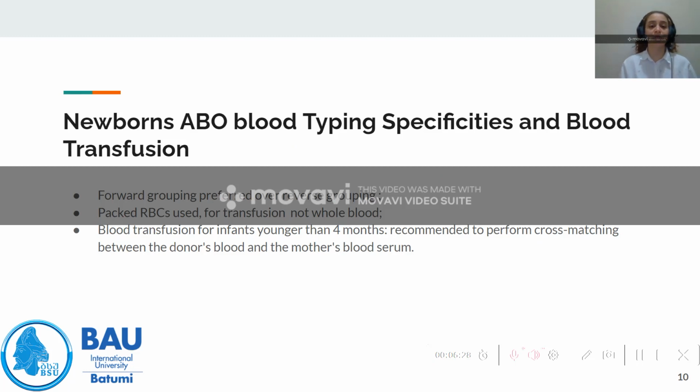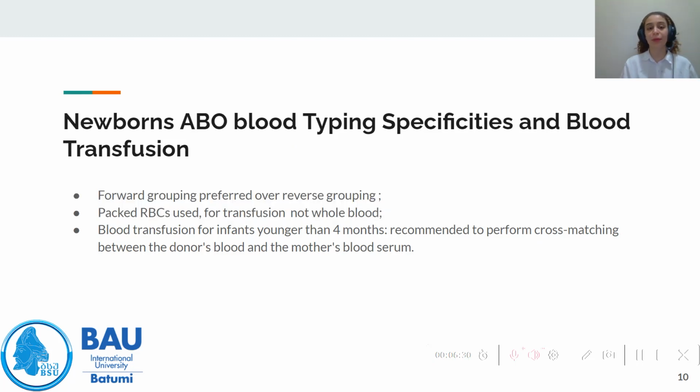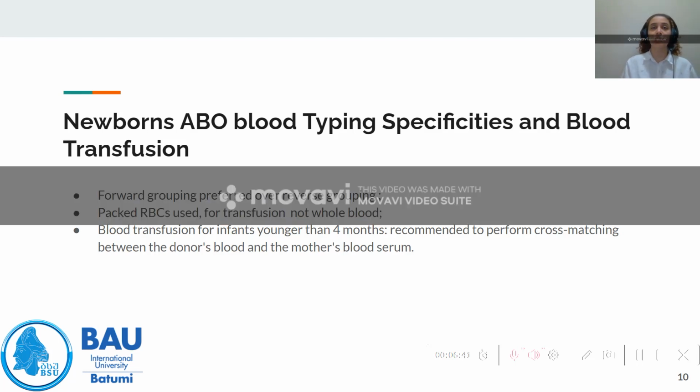Now, some special points have to be highlighted in blood typing when it comes to newborns and blood transfusion. We always opt for forward grouping rather than reverse grouping in our newborns, because we want to see the antigens on the surface of the RBC, not the antibodies.